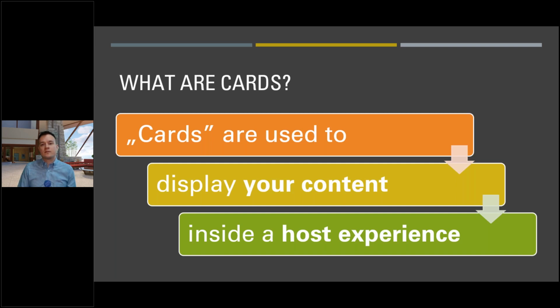So in cards, we are just defining the content and maybe the layout, the composition of the content. However, how this content is then displayed, the colors, the font families, the backgrounds, is something that is inherited from the host.